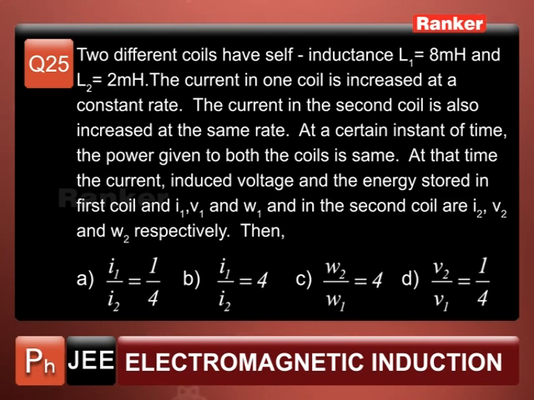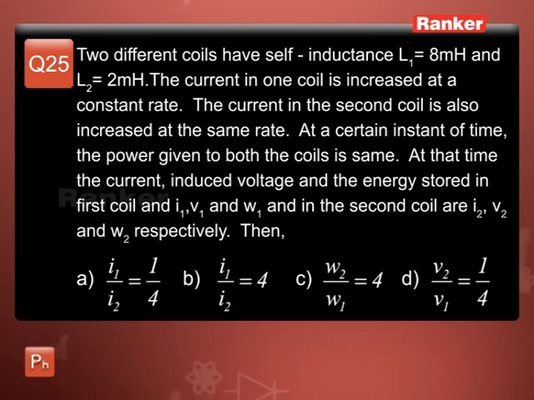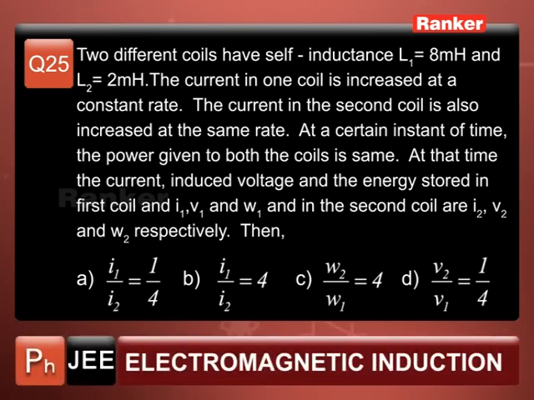At that time, the current, induced voltage and the energy stored in the first coil are I1, V1 and W1, and in the second coil are I2, V2 and W2 respectively.